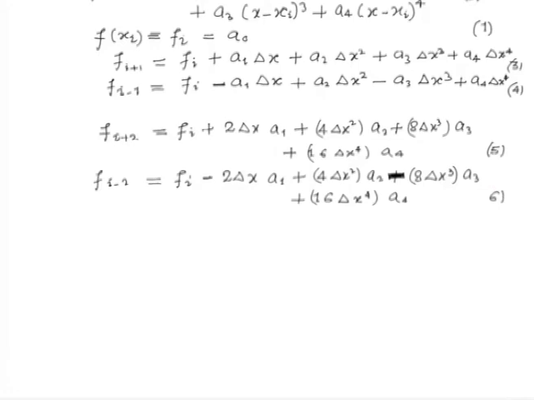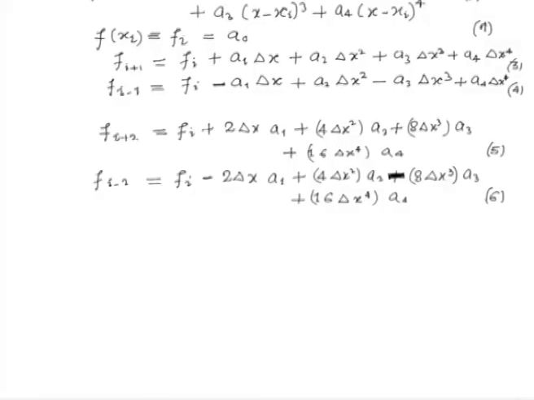Let's call this equation 6. Now we have the required number of equations. Equation 2 gives us the value of coefficient a0. We are interested in finding the values of coefficients a1 and a2. a2 will give us the second derivative and a1 will give us the approximation for the first order derivative.